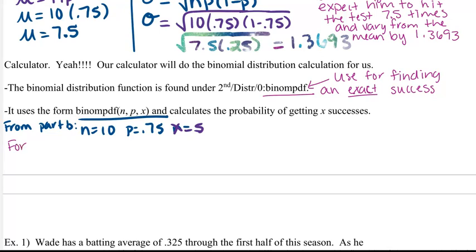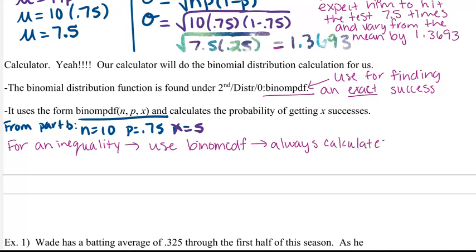So for an inequality, you can use binom CDF, but the way binom CDF works is it always calculates in your calculator x is less than or equal to your value, which is really tricky. I'm saying it's tricky because part C wanted you to get a value of 8 or more.